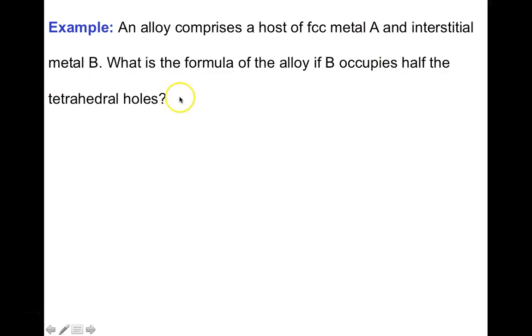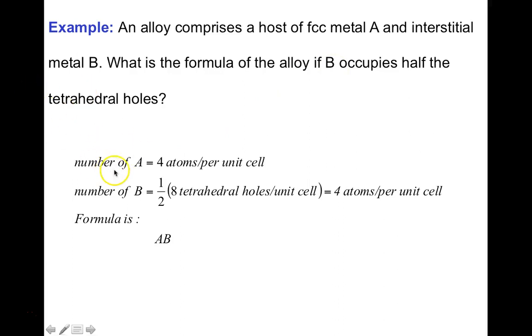There are 8 tetrahedral holes per face-centered cubic cell, and B is occupying half of them, so we have 4 B's as well. So the formula is AB. These are combining in a 1-to-1 ratio. If you put A4B4, I would be quite happy with that as well.